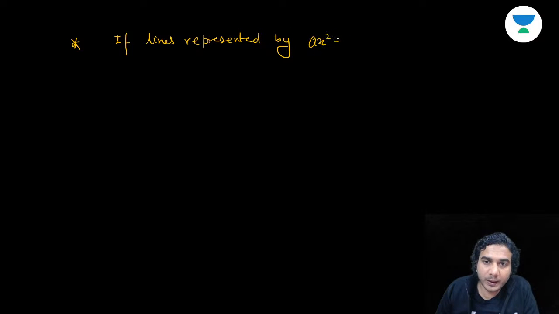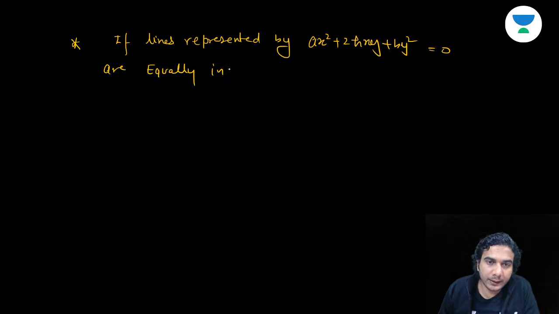Now my next question is, if lines are equally inclined, then what is the condition? If the lines represented by ax square plus 2hxy plus by square is equal to 0 are equally inclined to the coordinate axes, then find the conditions.